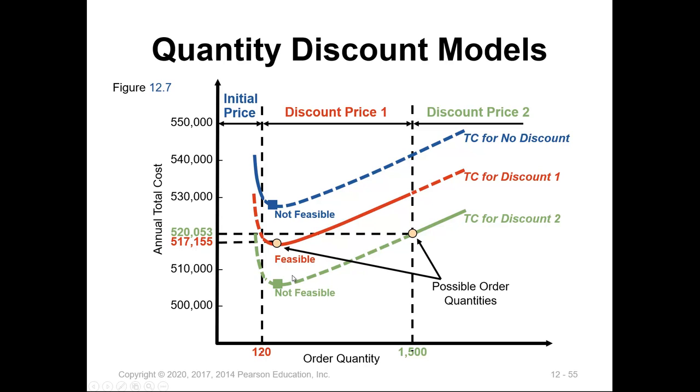So for me, this one is not feasible. This one is feasible and will give me the lowest when I buy 275 items. So this will be the first option, and then the next option, once I start ordering 1500 and up, then I will start qualifying for discount number 2.